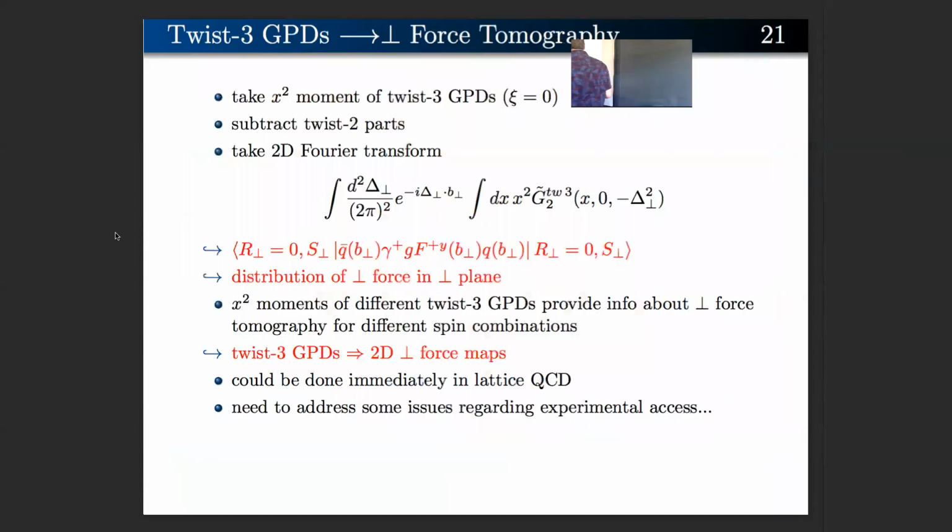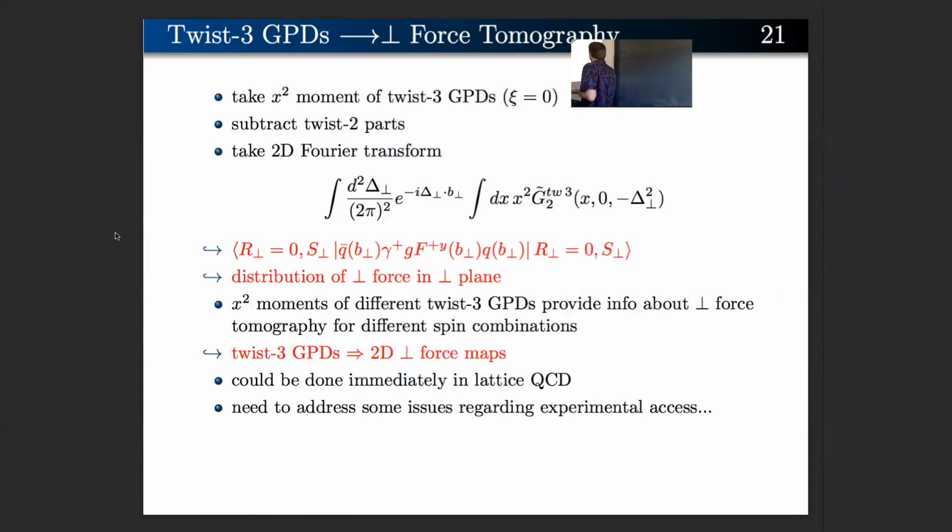And as I mentioned before, one of the motivations for me to look at twist 3 GPDs is that if you look at the x squared moment of them and you take the 2D Fourier transform, you get information about how this matrix element is distributed in the transverse plane.